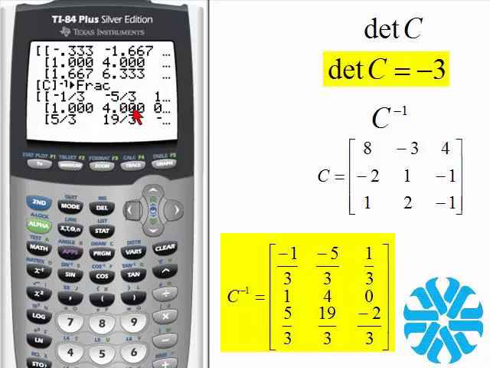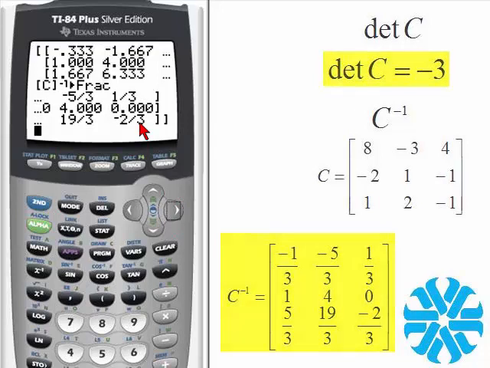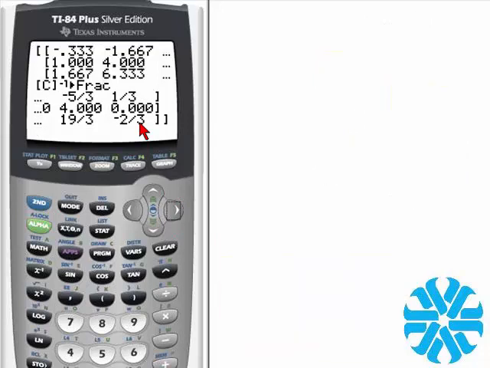Okay, so the second row we have 1, 4, and 0. And finally the third row we have 5/3, 19/3, and -2/3. This concludes the video on computing the determinant and the inverse of a matrix.